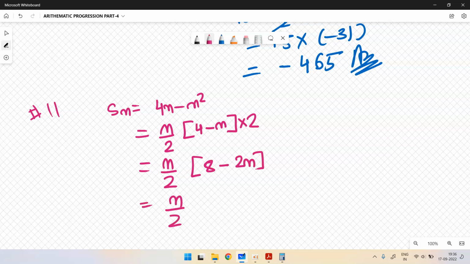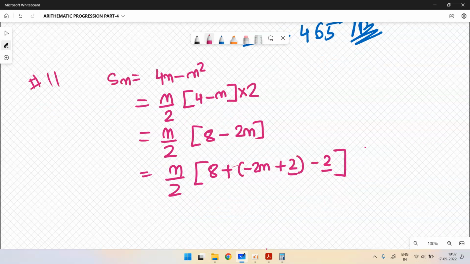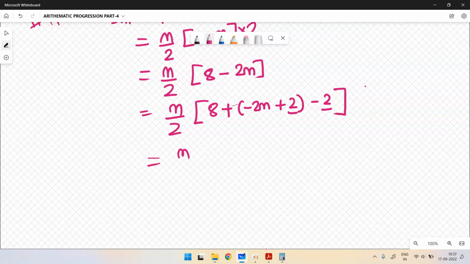Now, 8 minus 2n can be written as 8 minus 2n plus 2, and since you are adding 2 you need to subtract 2. So this equals n by 2 into 6 plus, if you take minus 2 common, (n minus 1) into minus 2.